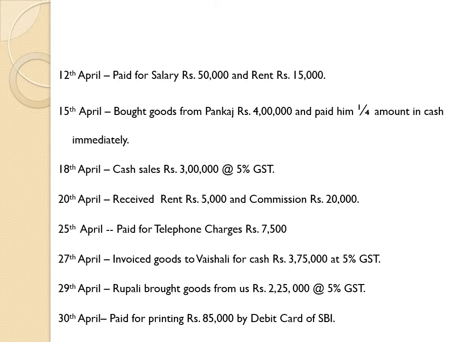On 27th April, invoiced goods to Vaishali for cash rupees 3,75,000 at 5% GST. Kindly remember that 5% is to be divided as 2.5% to CGST, 2.5% to SGST. On 29th April, Rupali bought goods from us rupees 2,25,000 at 5% GST.